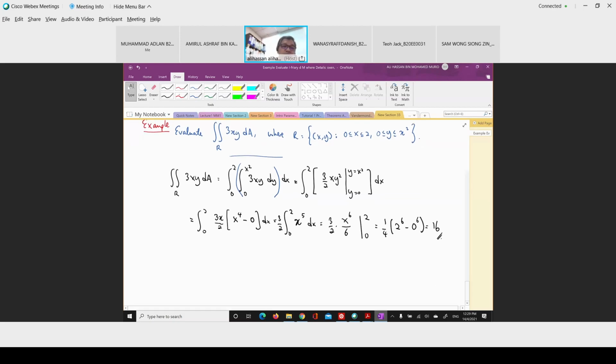If you try, you can also make a sketch of the region R and see how it looks like. So we have a parabola y equal to x squared. So x is between 0 and 2.